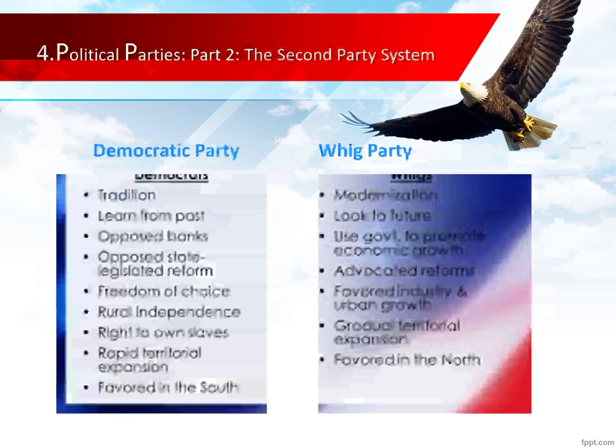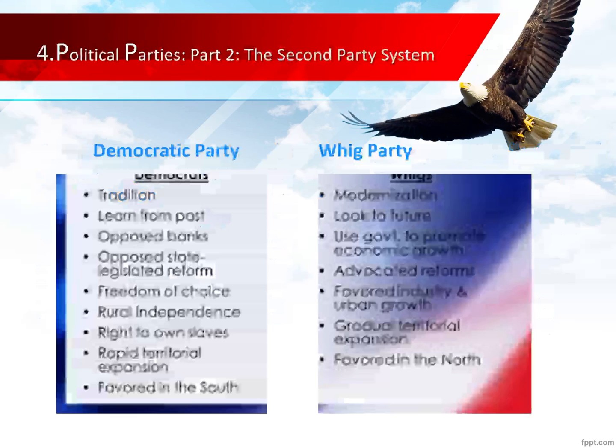Andrew Jackson represents the beginning of the second party system. In this second party system, you're no longer going to have the Federalists and Democratic Republicans. Instead, the Democratic Republicans are going to keep the name and just turn into the Democratic Party. They're going to favor tradition.